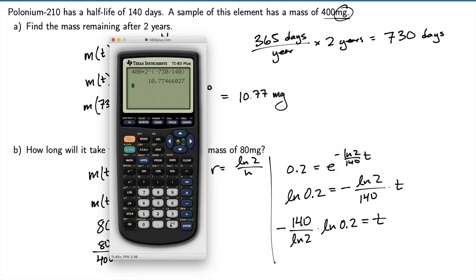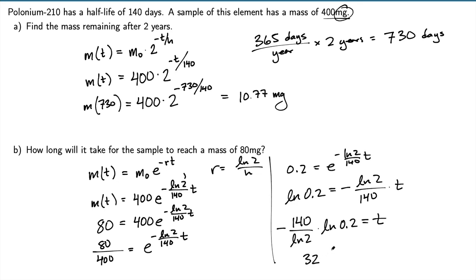We've got negative 140 over the natural log of 2, and then that is being multiplied by the natural log of 0.2. And then we can hit enter. We get 325.07. And this is in days. Our time is being measured in days.